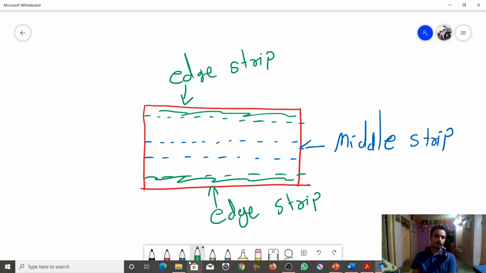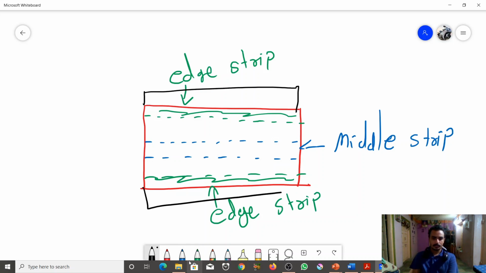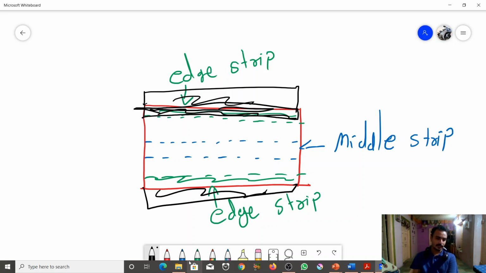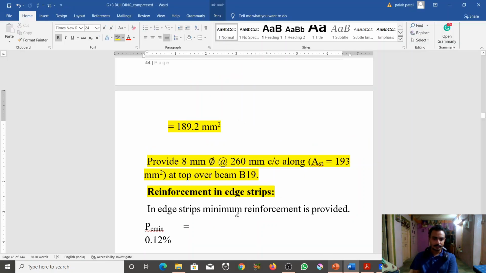Edge strip is not a beam here. It's the interior of the slab. Okay, your beam is here. From the beam, the interior of the slab, this is called edge strip. So we are going to design the edge strip here.